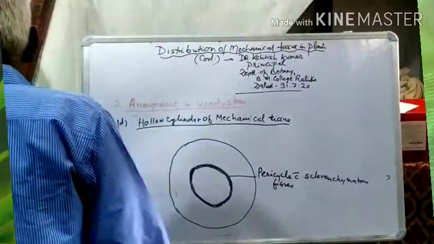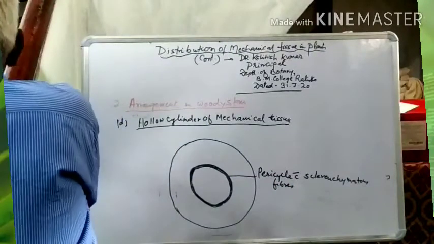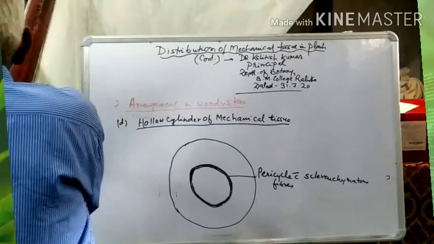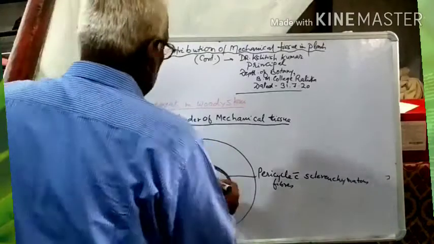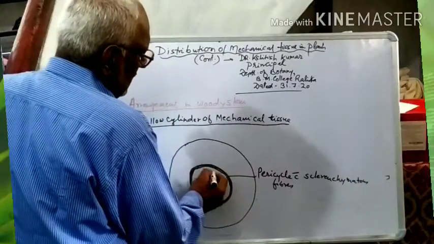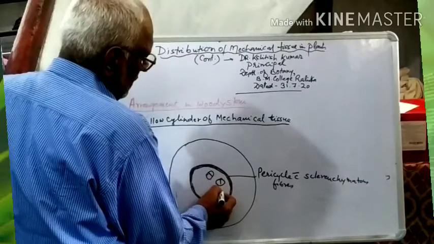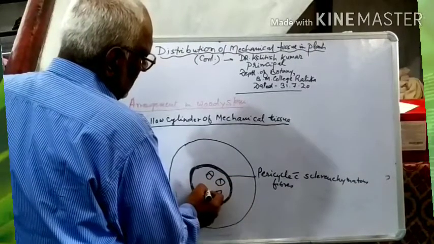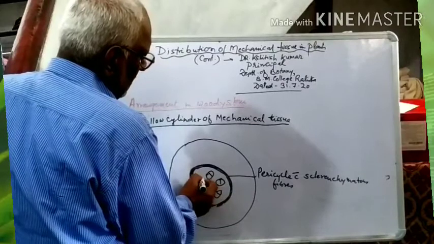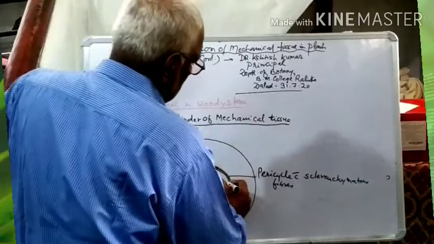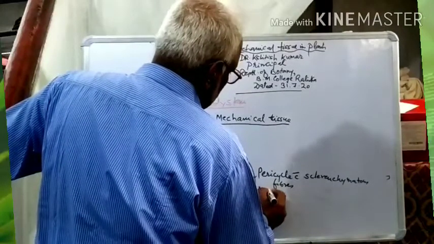So in some cases, inside this there are vascular bundles scattered here. The vascular bundles are scattered here. These are the vascular bundles, the VB.